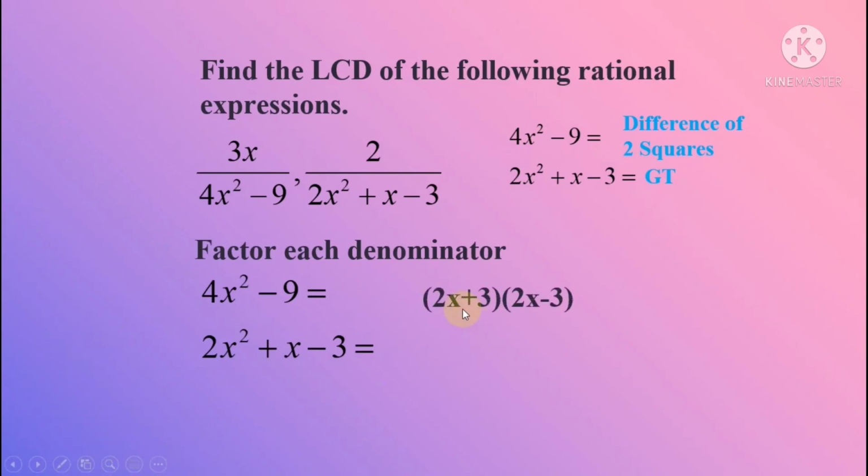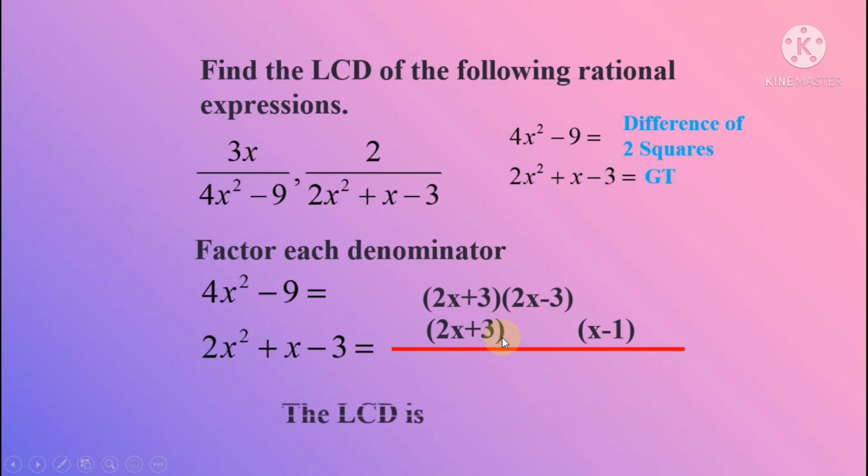We have 2x plus 3 and 2x minus 3 for 4x squared minus 9. And 2x squared plus x minus 3 is 2x plus 3 and x minus 1. So the LCD is 2x plus 3, 2x minus 3, and x minus 1.